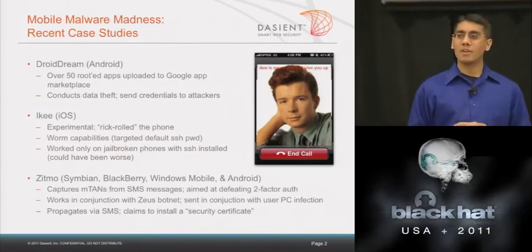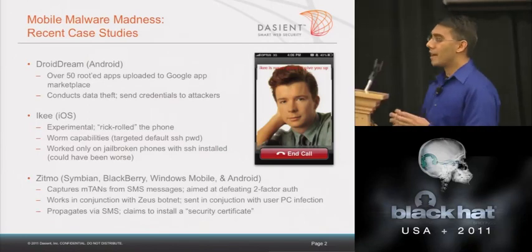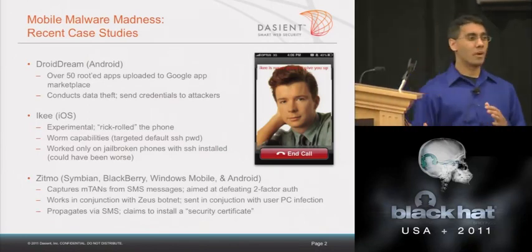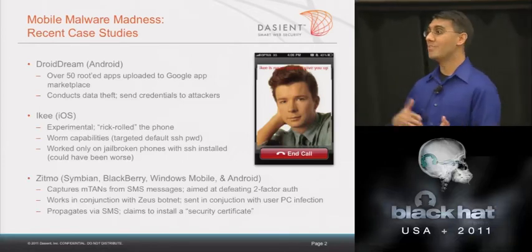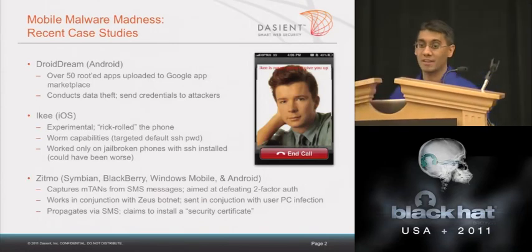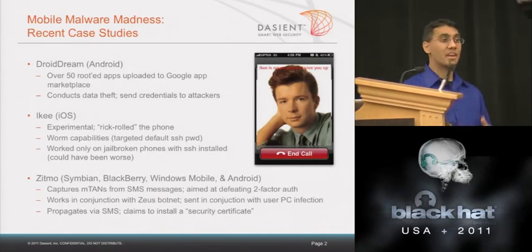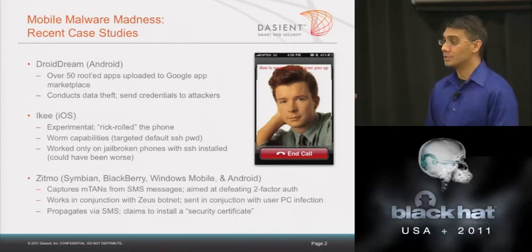Basically, one of the vectors that Ikee took advantage of was the fact that jailbroken iPhones that were running SSH and had not changed the default password gave the attackers a great way to get into the device. Now, this of course only worked on jailbroken phones, but one could imagine that in a more open platform, this could have happened just as easily.